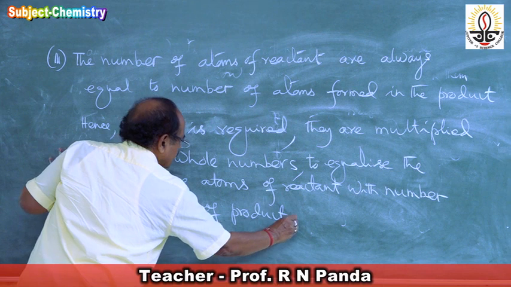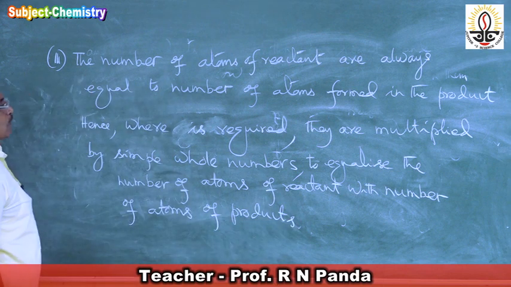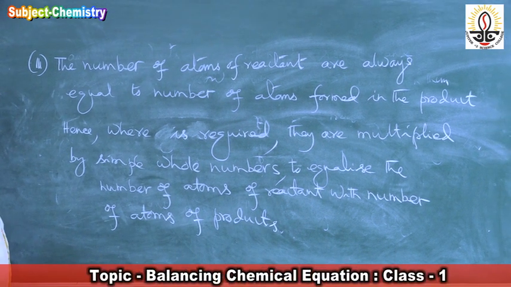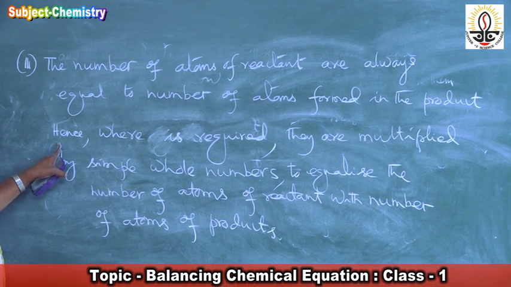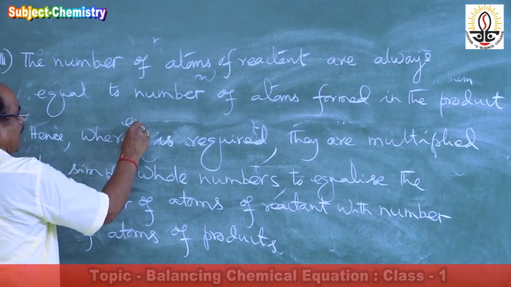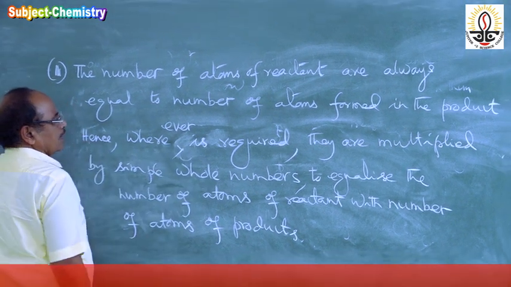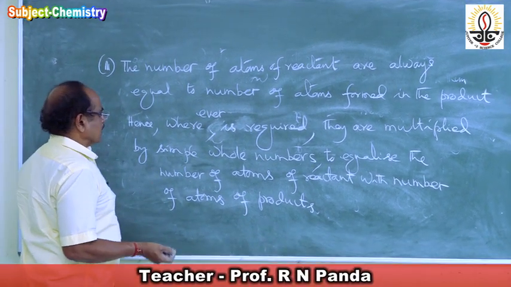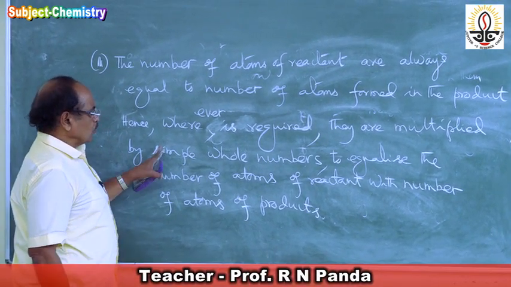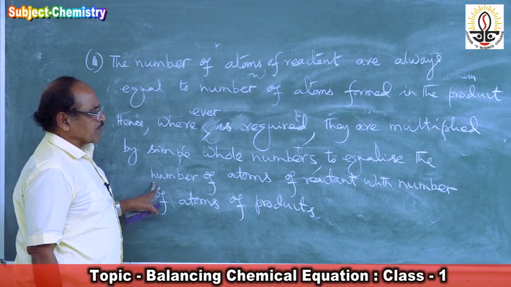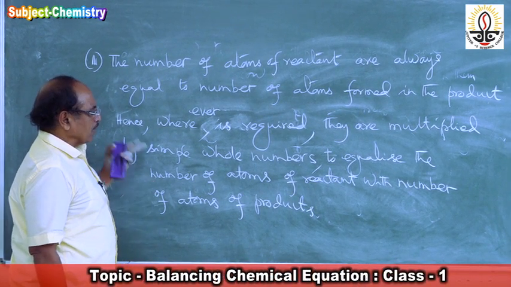Number of atoms of reactant are always equal to number of atoms of product. Hence, wherever required, they are multiplied by simple whole numbers to equalize the number of atoms of reactant with the number of atoms of the product.